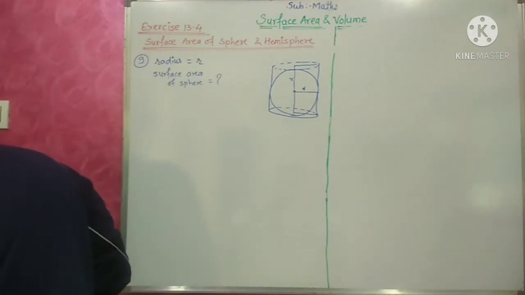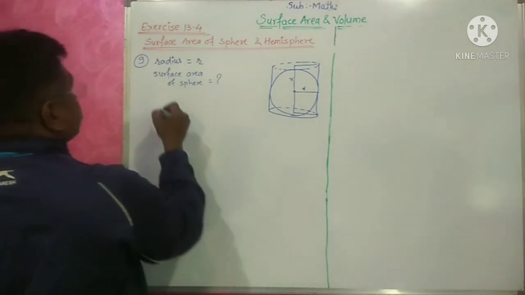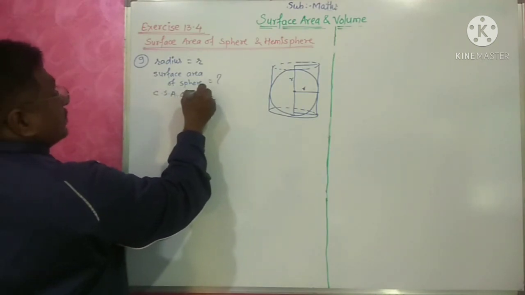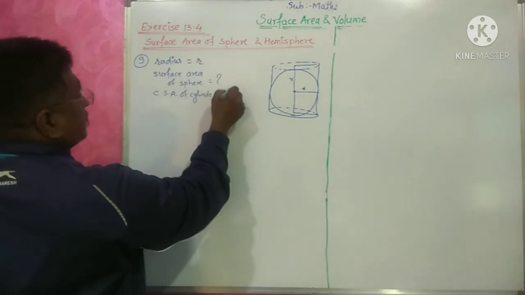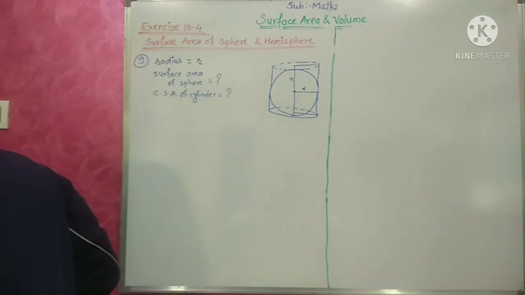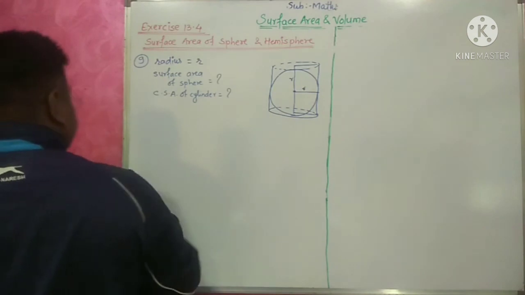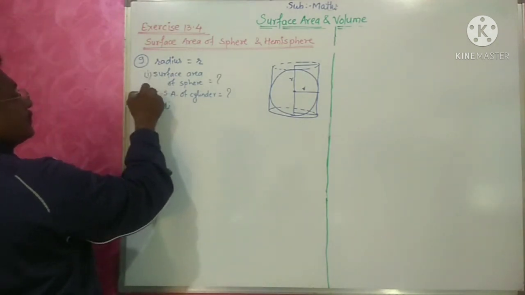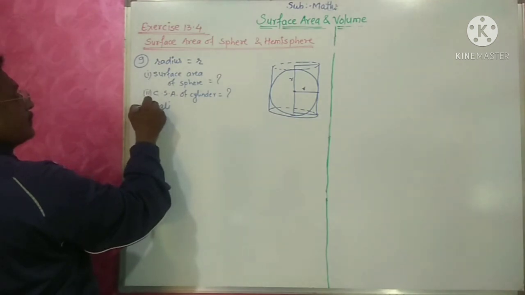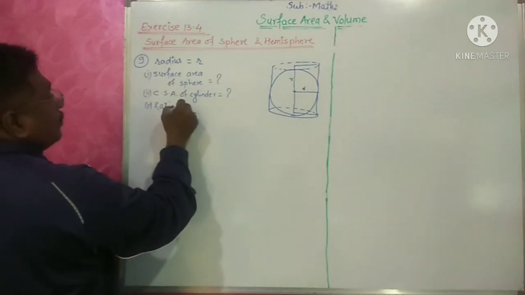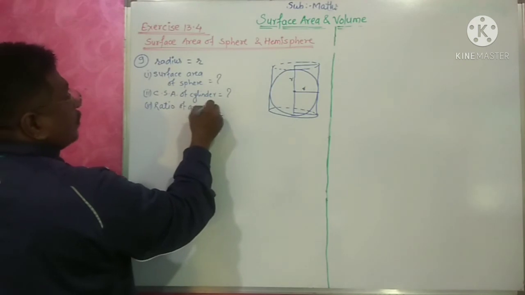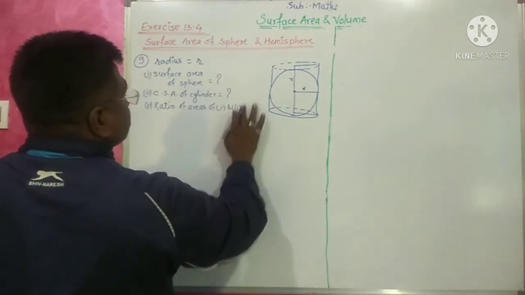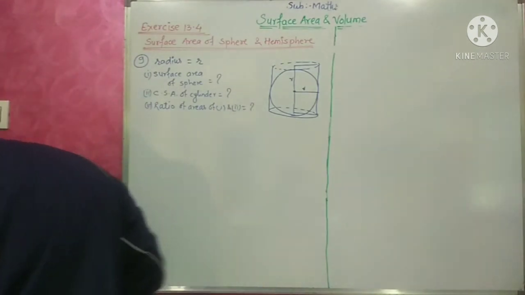Then second, the CSA of the cylinder. This has to be found. And third, the ratio of the areas of 1 and 2. These three things we have to find.